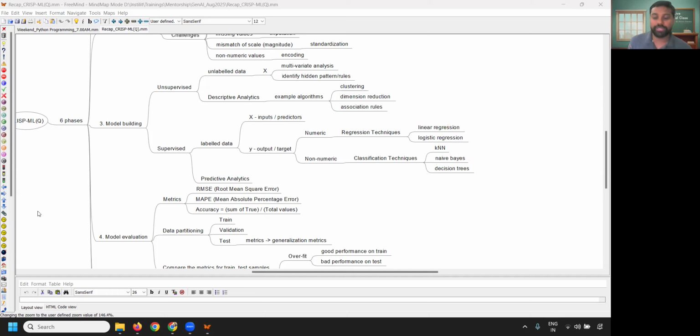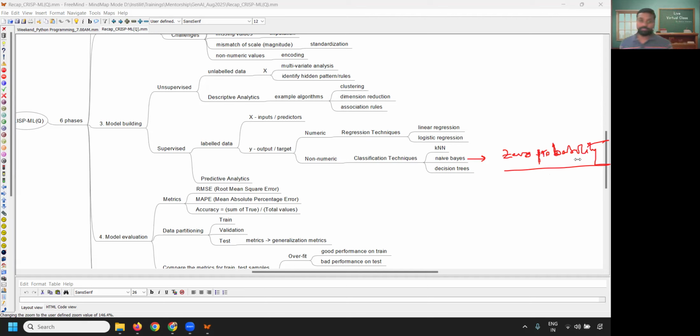Ensure that your basics are very strong. Laplacian smoothing will solve a problem called zero probability. Read about it; we'll not discuss that here.